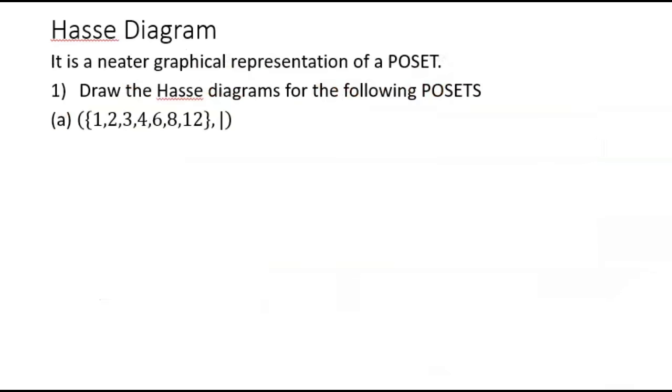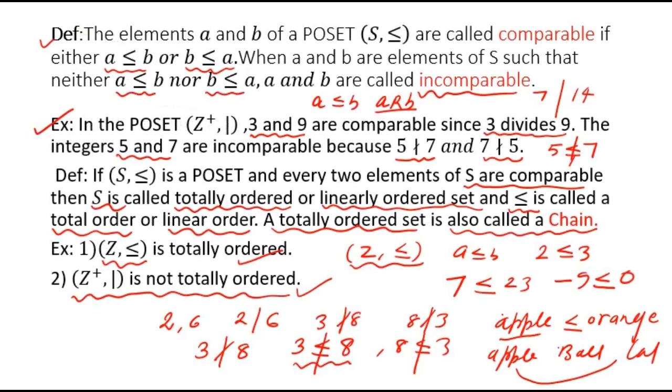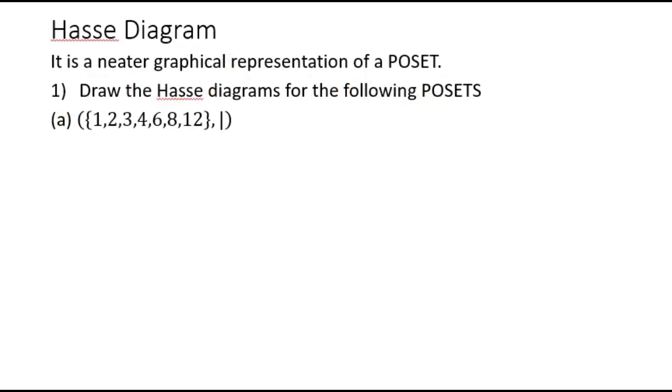So the next thing that we are going to talk about is the Hasse diagram, and this is a very important idea, and sometimes people get confused with it, but it is a very simple idea. So let us understand it. Hasse was a mathematician, and we honor people for their contribution. He developed a process of representing a partially ordered set, a very smart way of representing the partial ordering.